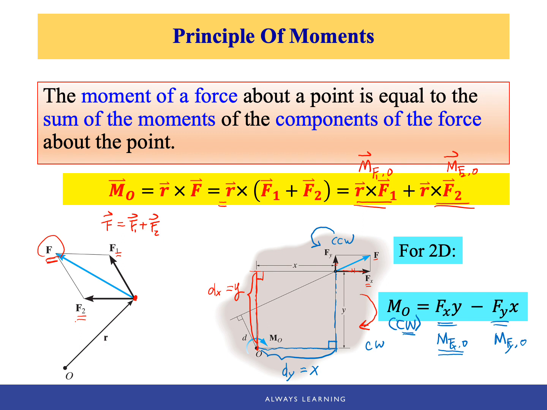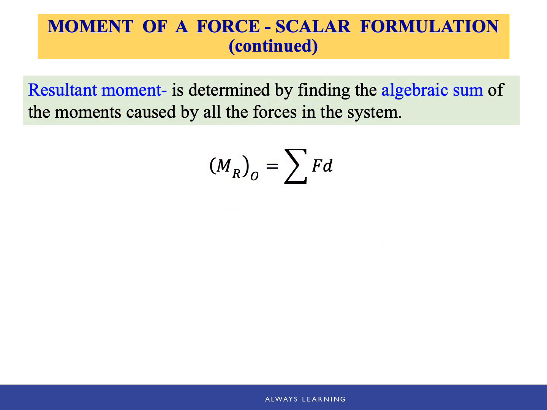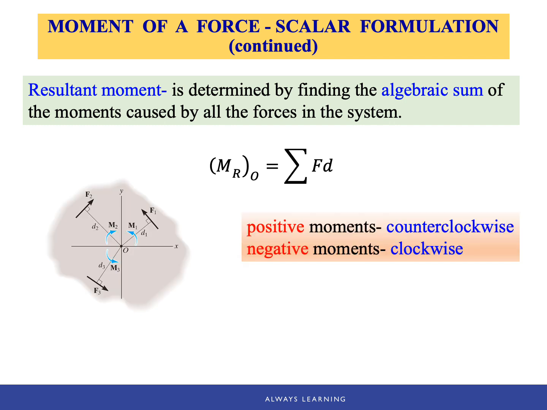Because again, we are treating the Fx moment as a positive value and the opposite direction as a negative value. But usually in 2D, we do have this sign convention.